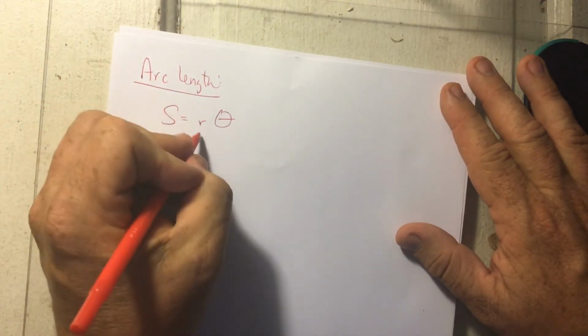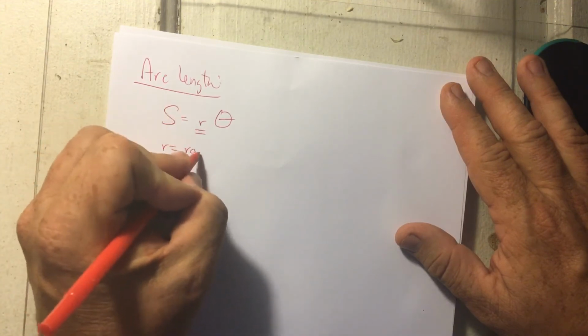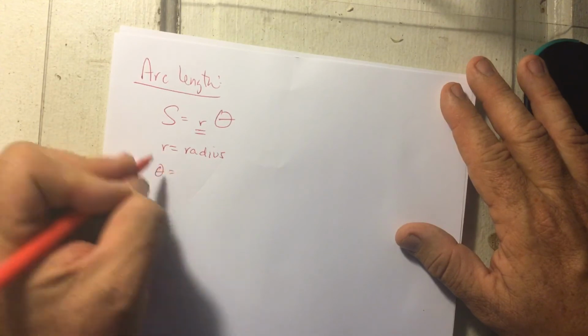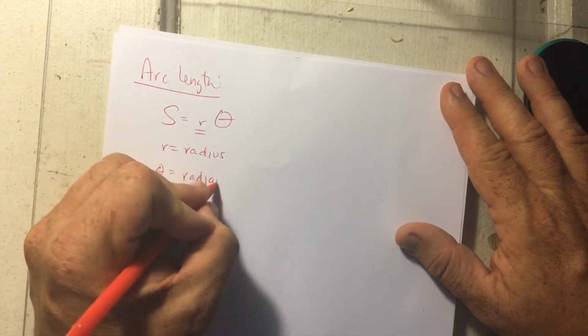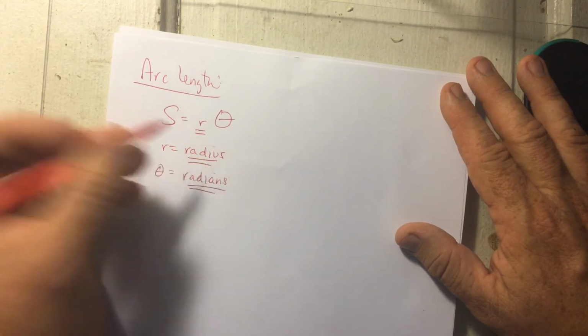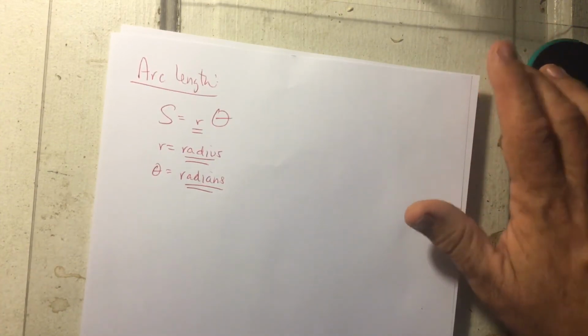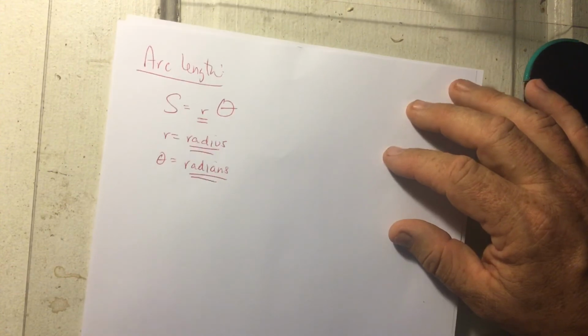So you need to have your radius. R is equal to radius. And your theta is equal to usually radians. So it's radius times radians. And that'll give you an answer. So you'll get answers like 7 pi over 2 or whatever you're going to come up with. So that's your arc length formula.